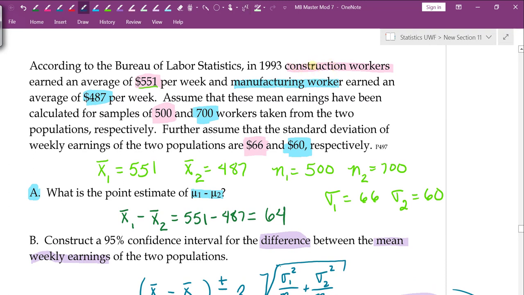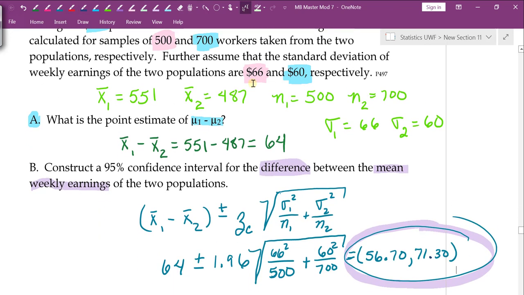This means that we are 95% confident also that the construction workers make more money than the manufacturers, because both of these values are positive, and they make on average $56.70 to $71.30 more per week than manufacturers.